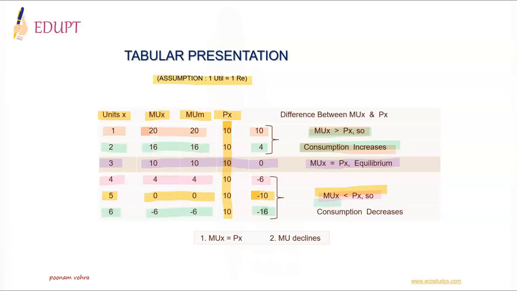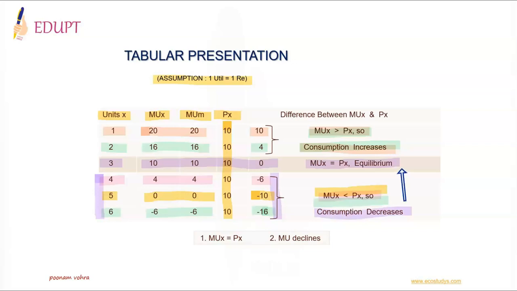So marginal utility is still less than the price of commodity X. It is not economically viable for the consumer to consume any unit beyond 3 units because all these units would mean cost is much more than the benefit that he derives and he needs to reduce the consumption in order to be in equilibrium.